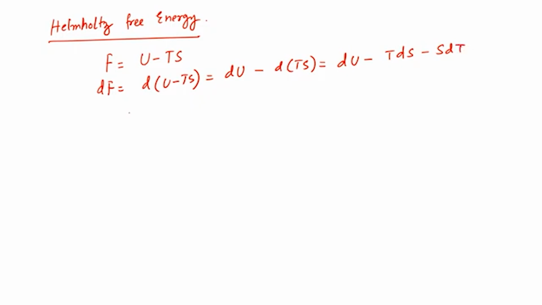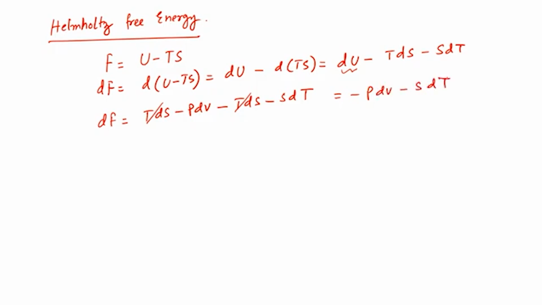Now, we can write dU as TdS minus PdV, which is combining the first and second law. So, the first term is TdS minus PdV, and then we have minus TdS and minus SdT. Clearly the TdS cancels out and we are left with just minus PdV and minus SdT.